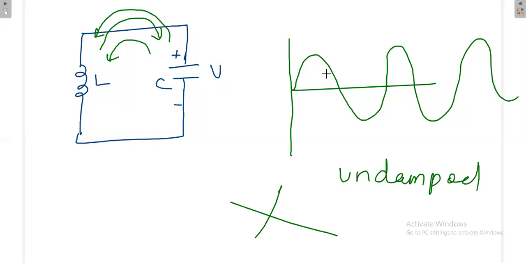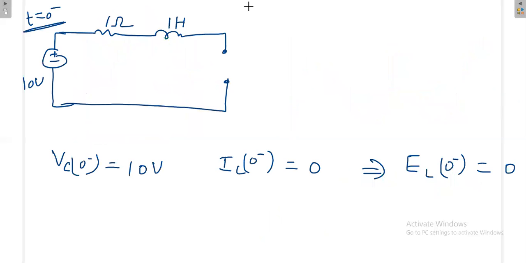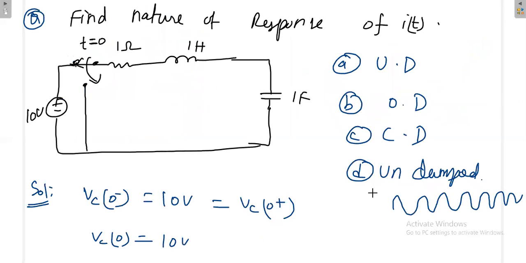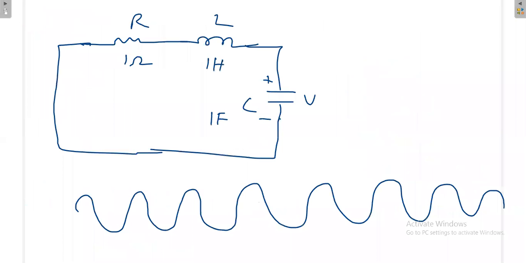But one thing is not possible here. That undamped waveform is possible only if your R is zero. Here they have given some R, which means option D is completely not possible. So any one of options A, B, C is possible, and we have to take the help of the formula. You calculate alpha.